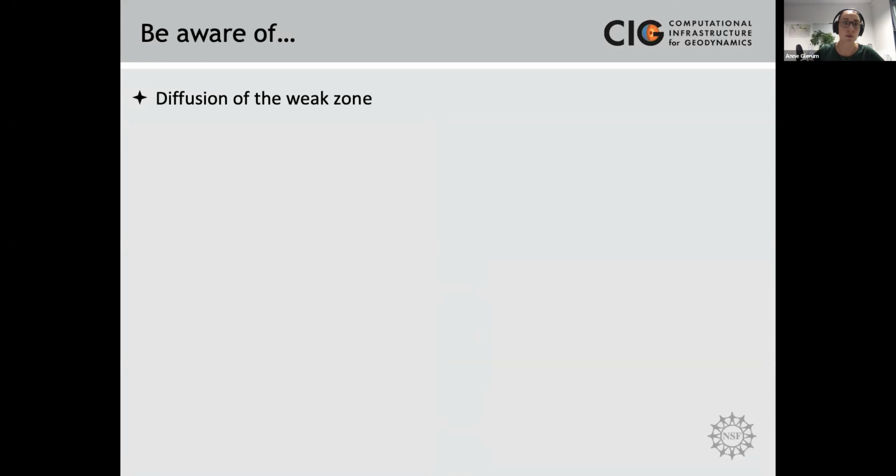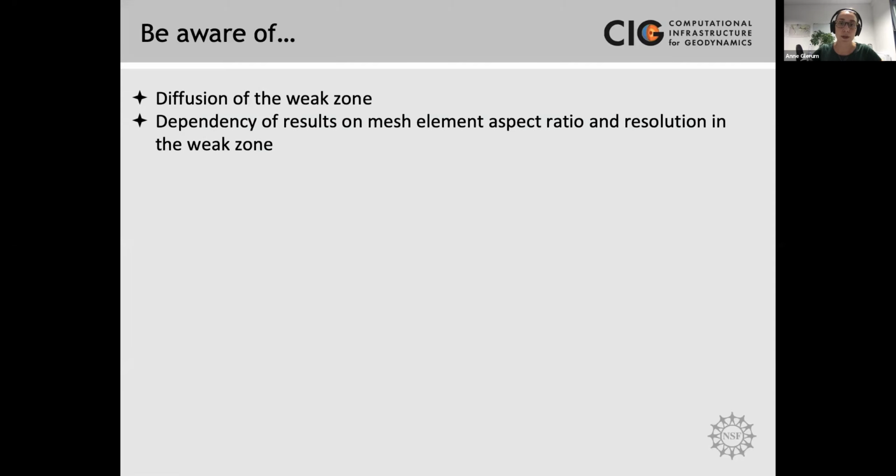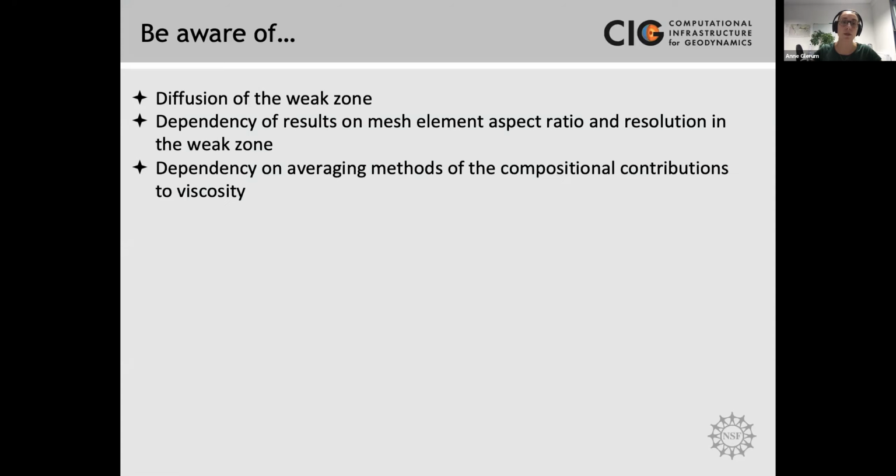So I just wanted to point out some things that can occur when you are doing subduction models. First of all, you can have diffusion after the weak zone. There is a dependence of the results on the mesh element aspect ratio and the resolution of the weak zone.